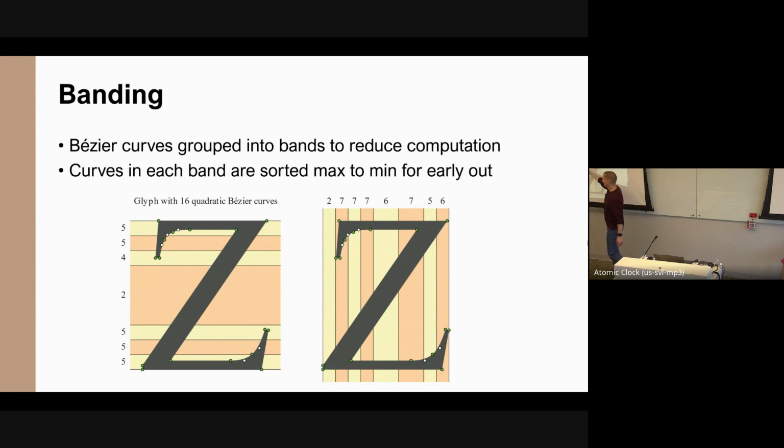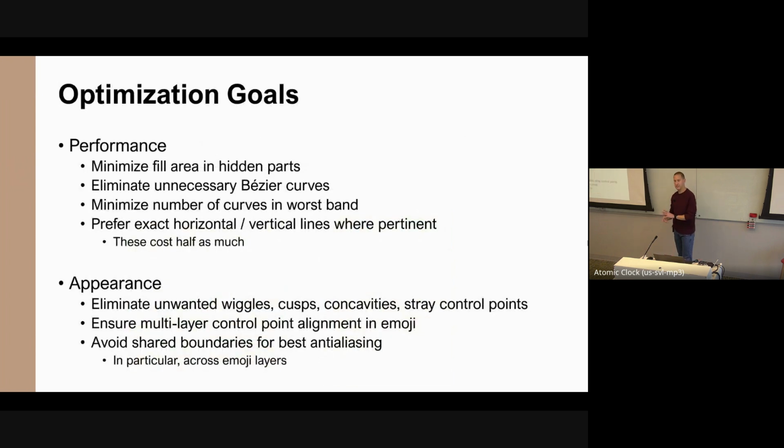Any horizontal curve on here, like the top and bottom of the Z here, never gets inserted into horizontal bands because a horizontal ray can never hit it. Same with vertical ones. So if there were any exact vertical lines in here, they would never be put in here because the vertical ray could never hit it. Which essentially means that any exact horizontal or vertical line costs half as much to render because it's only going to be in one band instead of 2.